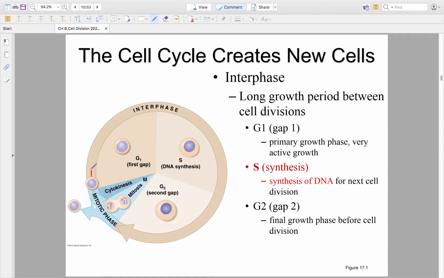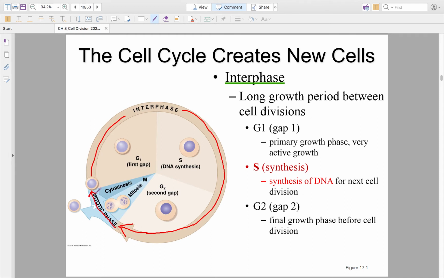See all of this area? This whole thing goes all the way around. It takes up most of the chart because it is the longest part of the cell cycle. It's called interphase. The second part of the cell cycle is called the mitotic phase. See this little blue slice of the pie? That is the mitotic phase.